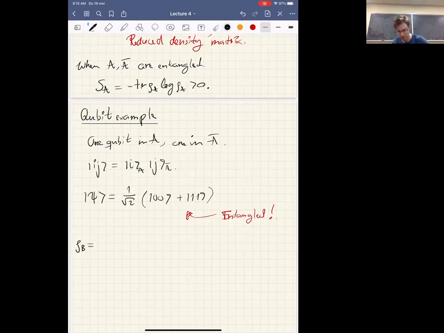Okay, so let's say that we now write down the density matrix of the total system. That was defined as follows. Using our expression in terms of the qubits, this takes the following form.